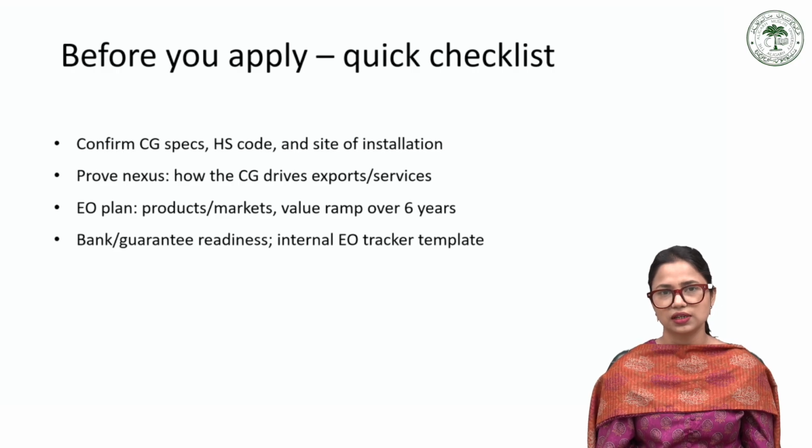Here is a quick checklist for an exporter before applying to the EPCG scheme or any other schemes to avail concessional duty imports of capital goods. First of all, you have to confirm capital goods specification. The most important thing is confirming and rechecking the HS code meant for that particular product and the site of installation of the imported machinery.